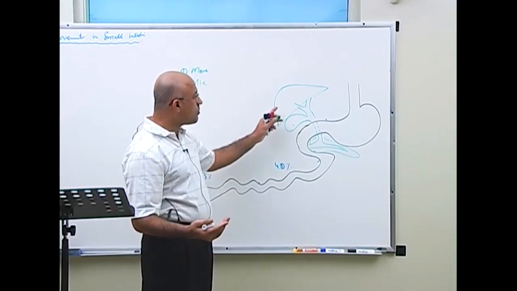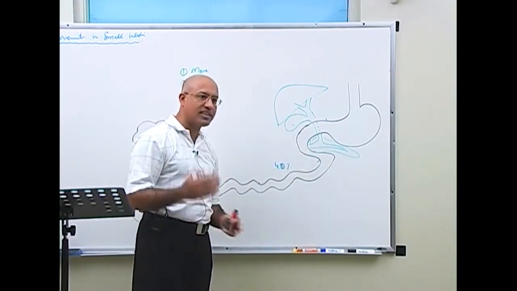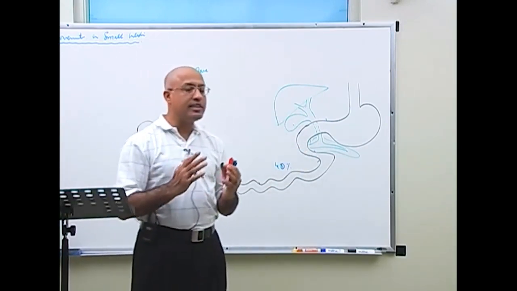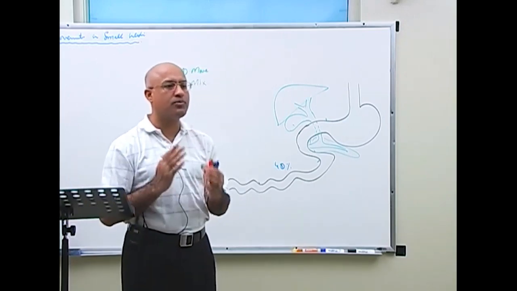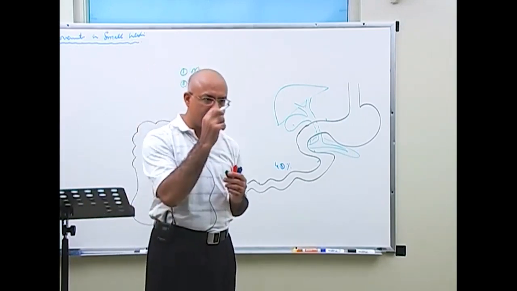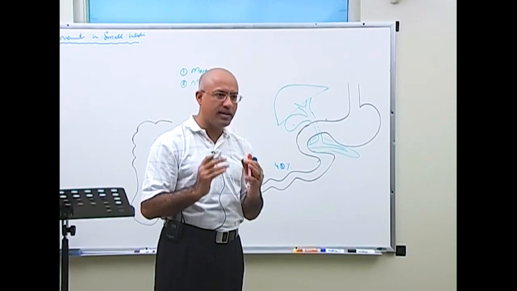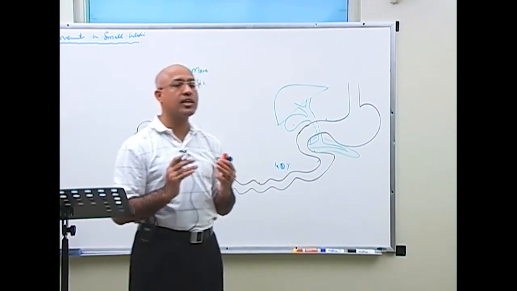So bile, pancreatic juices and succus entericus need to be mixed thoroughly with the chyme so that digestion can be done well.